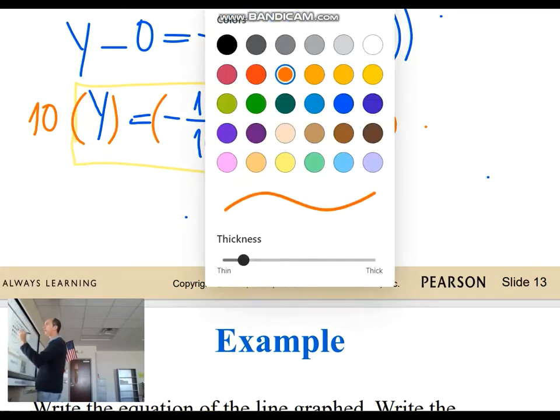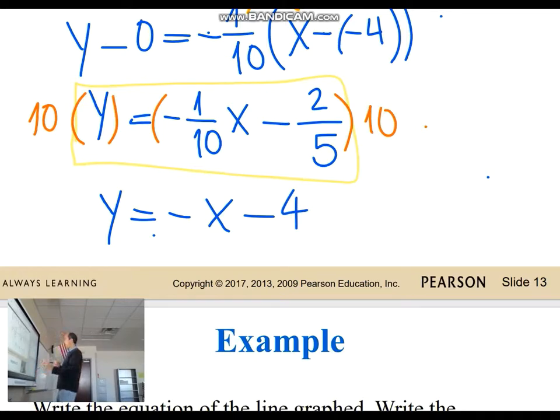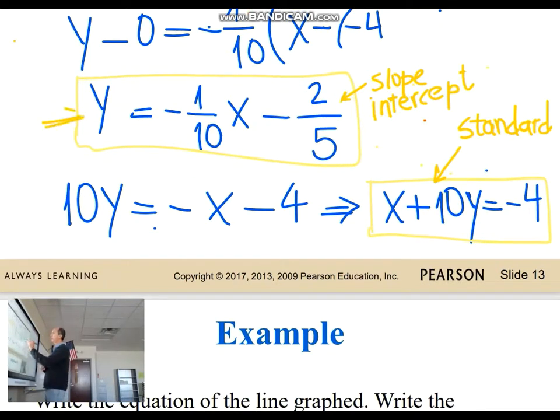And if we're looking for the standard form, after you do the simplifications, you have 10y equals negative x minus 4. That means x plus 10y equals negative 4. So this way here we have the slope-intercept form, and that way here this form is the standard form.